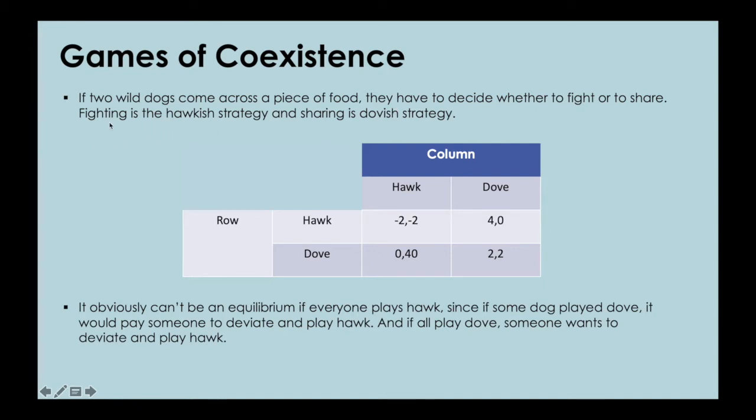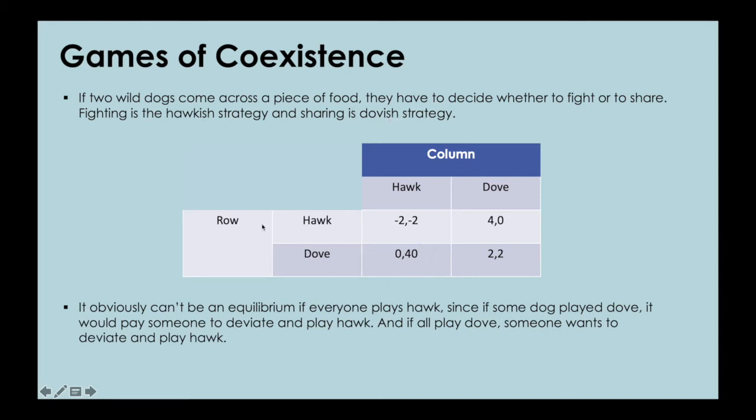So fighting is the hawkish strategy, where one will win and one will lose. And sharing is called the dovish strategy, because hawk is aggressive and dove is more kind.